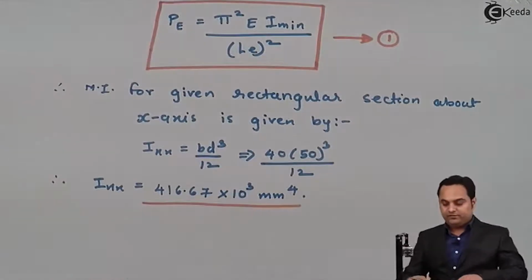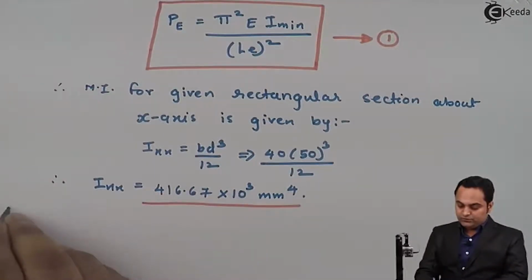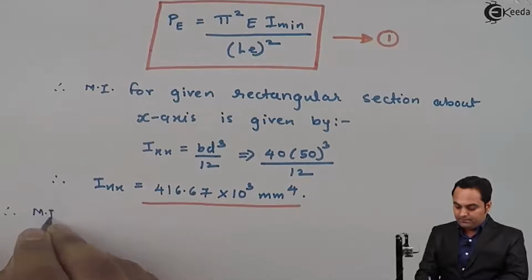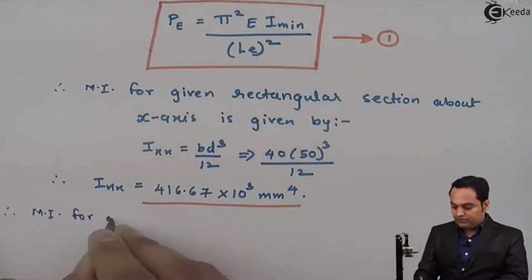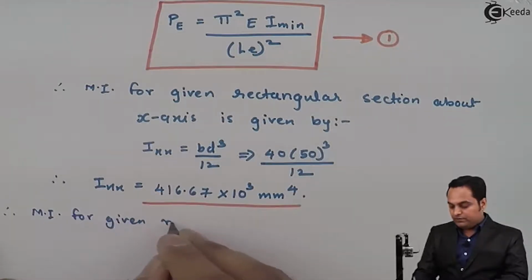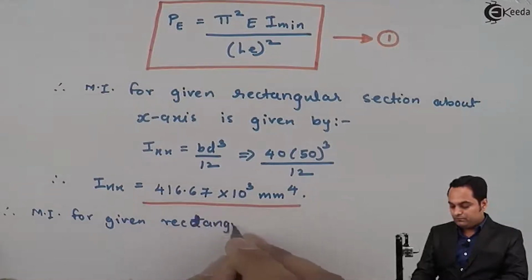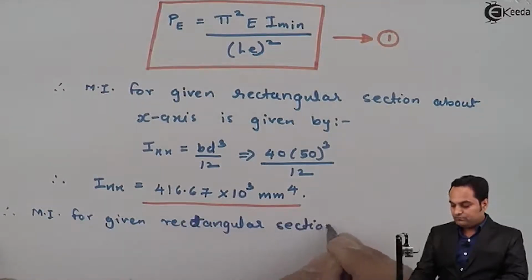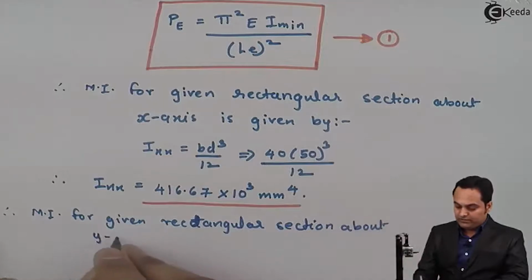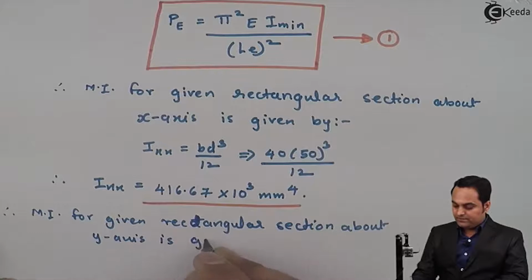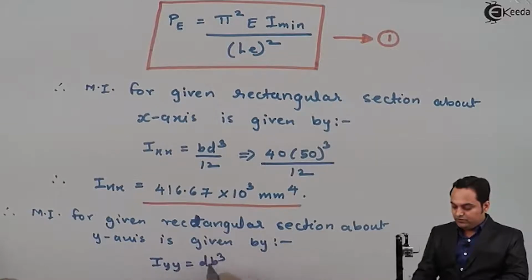In a similar manner we will calculate about y-axis. So therefore MI for given rectangular section about y-axis is given by Iyy is db cube by 12, moment of inertia for a rectangle about y-axis.